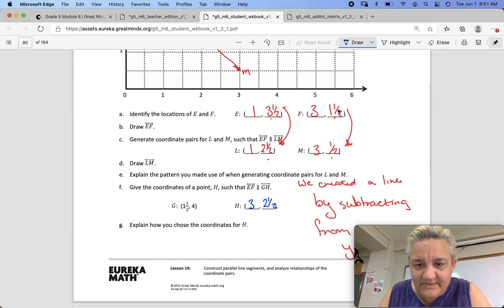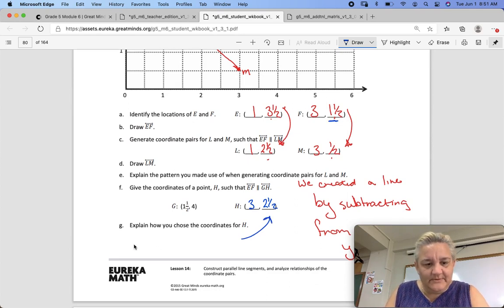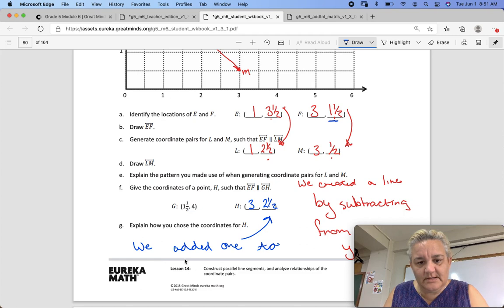Do you see this? We went from 3 and 1.5 to 3 and 2.5 right there. So we added 1 to the y-coordinate. Great.